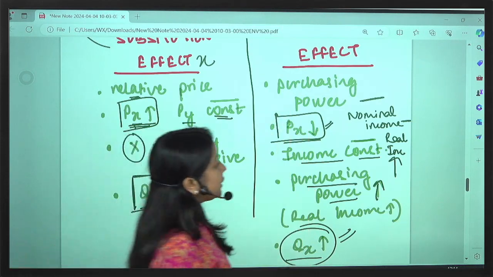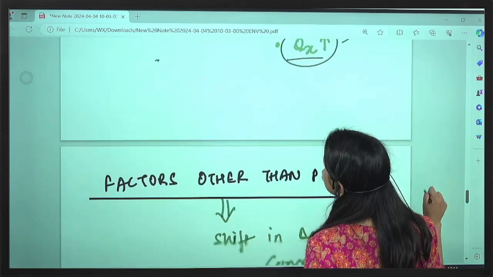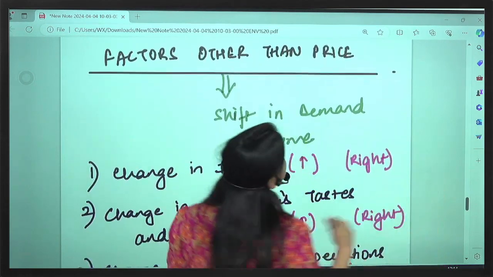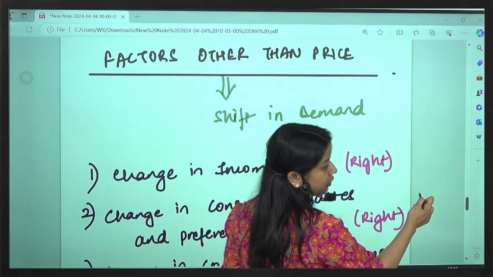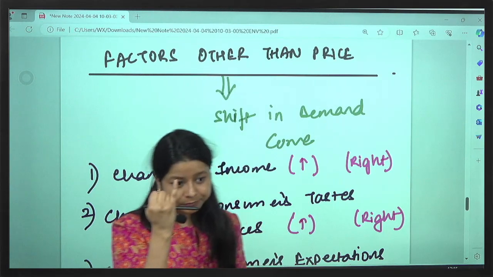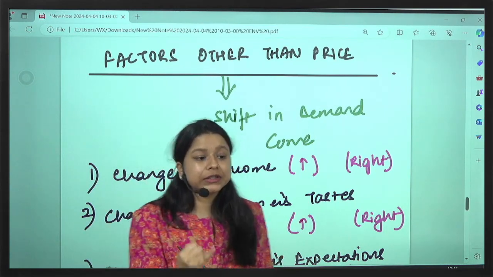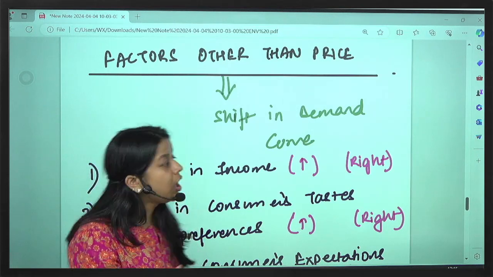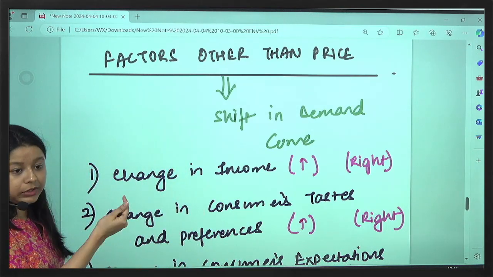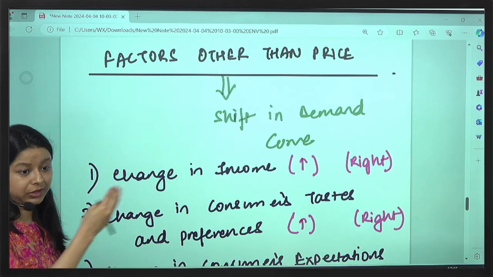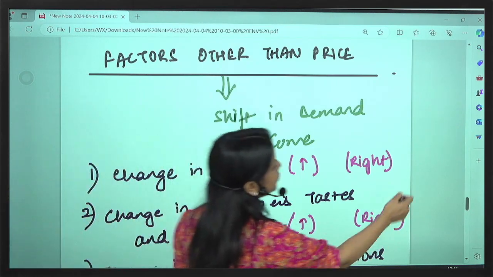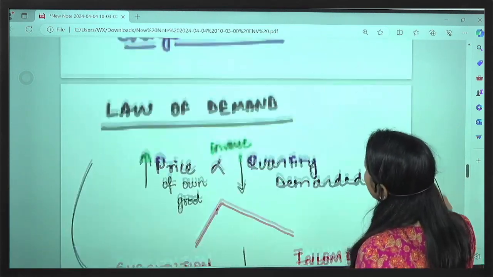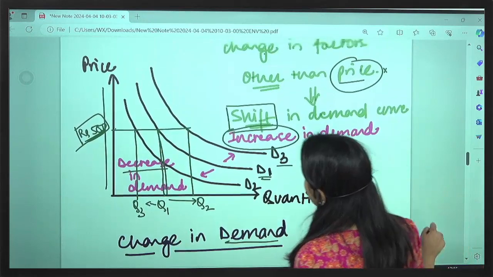Okay. The next thing that we'll be talking about, when we're talking so much about the other factors, I've talked about income. Now, other than income, there are multiple factors which will affect the what? Demand, shift in demand. Remember? So I'll just quickly recap this change in demand.